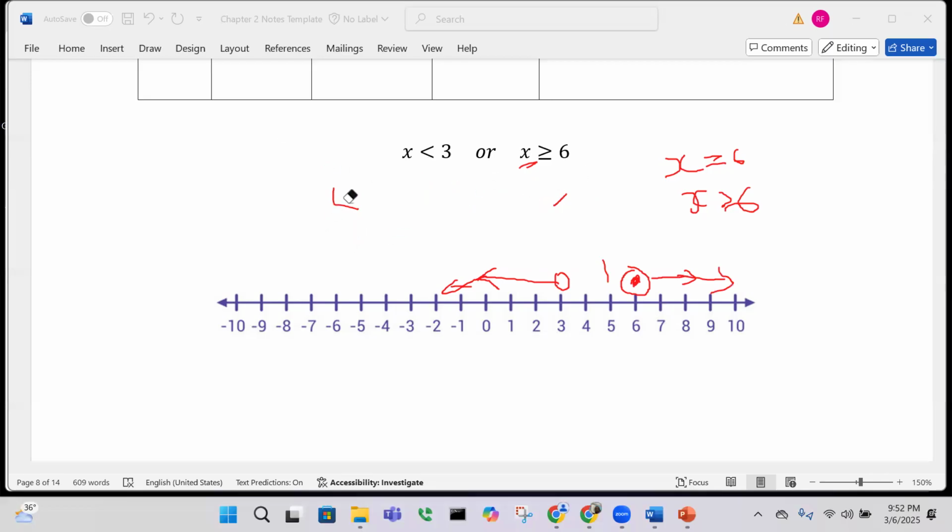What does that mean? 5 will not satisfy the statement either. Same way 4 didn't, 5 wouldn't. 5 is not less than 3. 5 is no good. 5 is not greater than 6. 5 is no good. So the numbers in between here are no good.